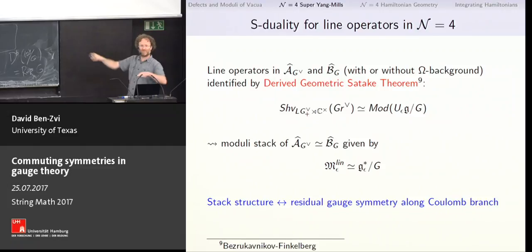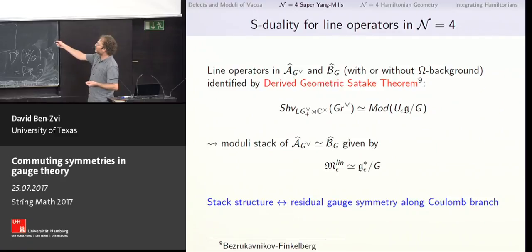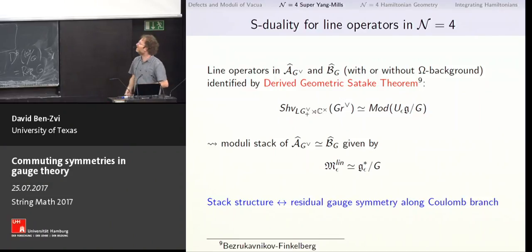So remember what happened before. When we used only local operators, we got the affine variety, which is the affine quotient of G dual. Now when we remember line operators too, we actually remember the whole space of G dual mod G. G sub epsilon is just a facetious way of saying that when epsilon is non-zero, this is the deformation quantization of this. So this is not really a space when epsilon is non-zero.